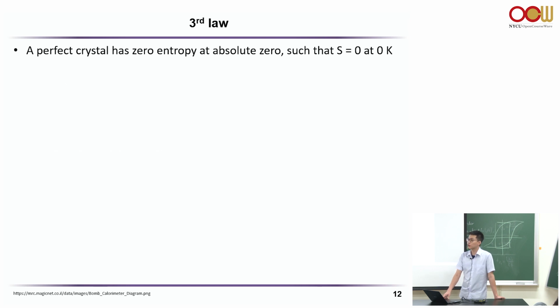Okay, let's look at the third law. The third law states that a perfect crystal has 0 entropy, so it doesn't move. However, that's not the case. For those who are studying electrophysics, you will later learn that there's no such thing as a perfect crystal. Every system will have residual entropy, but we won't go further because this is general chemistry.